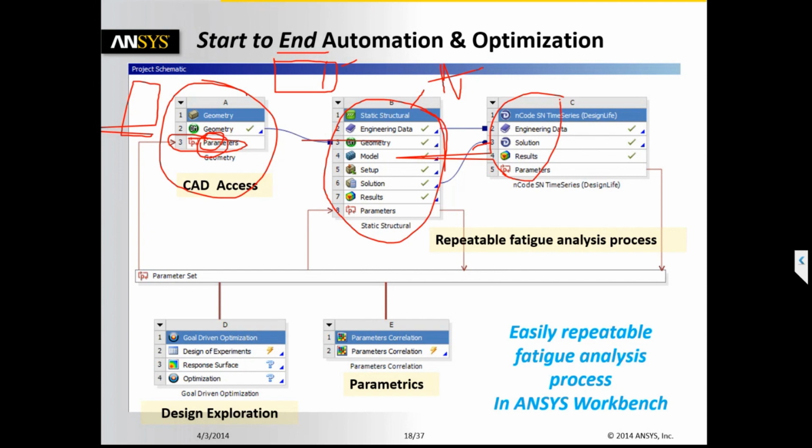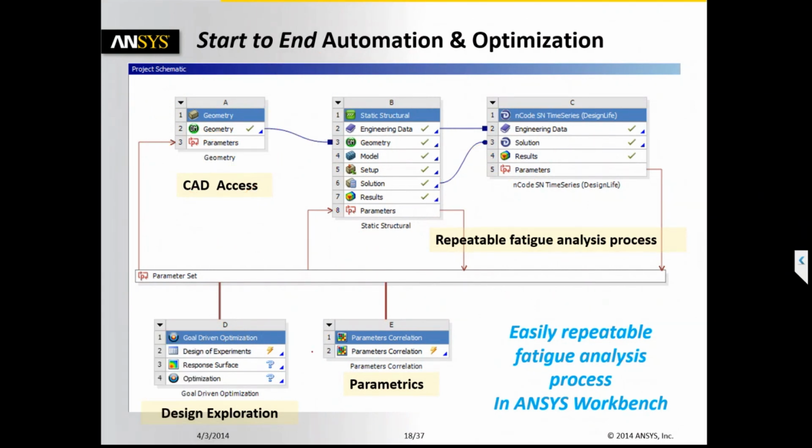In nCode DesignLife, there are multiple options available to handle constant loading conditions. Then there is EN based constant, EN based time series, SN based constant, SN based time series, vibrations, and so on. All the parameters can be set again back to the optimization cycle, where you can have the design explorations, which give a better life, and show which parameters are contributing to the life of the component.